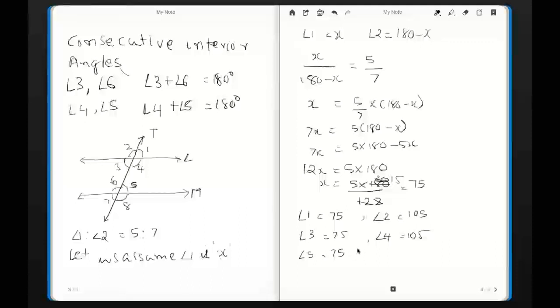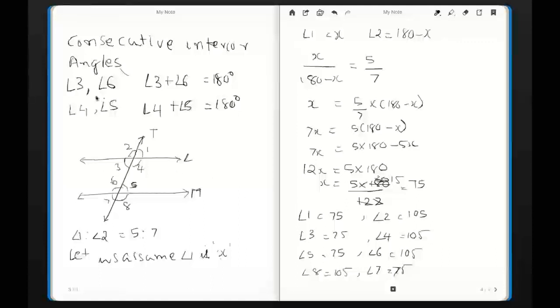Angle 6 is again supplementary to angle 5, so angle 6 is 105, and since angle 8 is opposite to angle 6, that is also 105. Angle 7 is opposite to angle 5, so angle 7 is 75. All the angles I got. Pretty simple, right? So this is the way I can do this problem. Very straightforward. You agree with me?